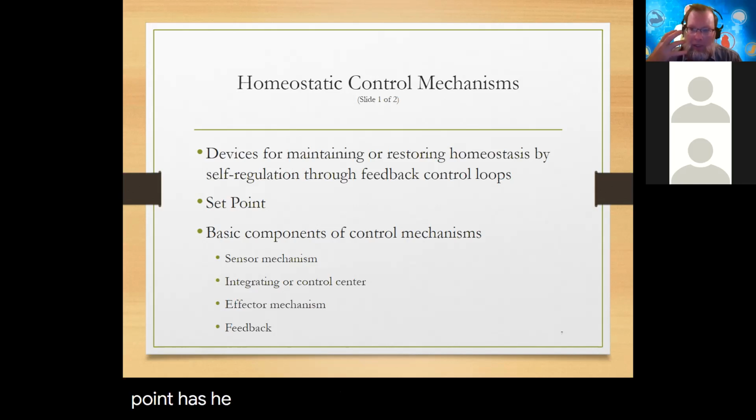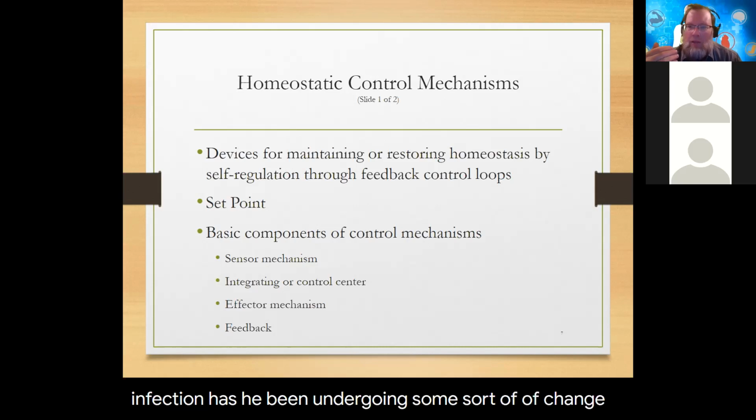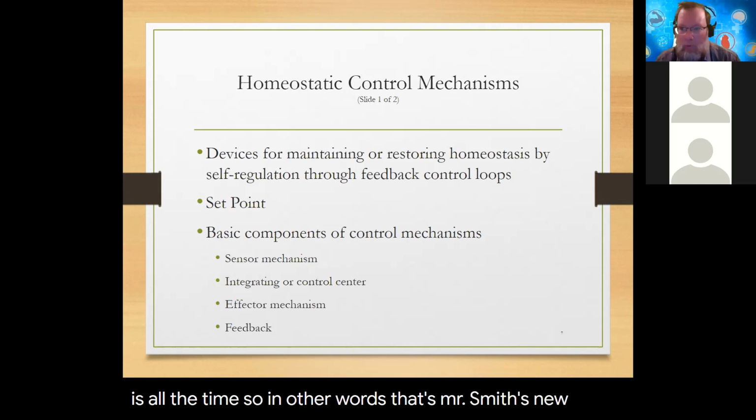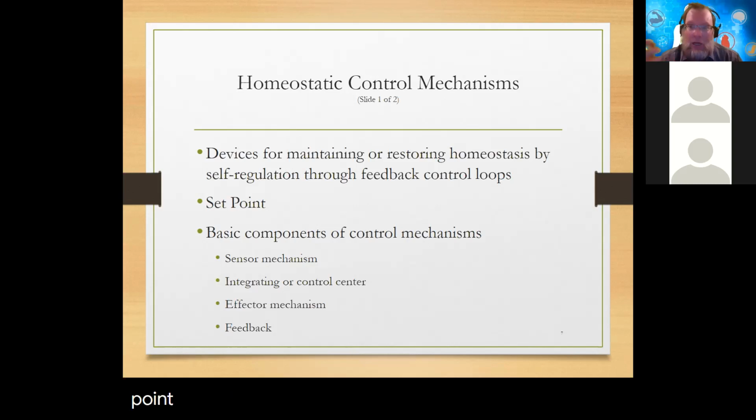Has he been in a situation, whatever it might be, stress or pain or some sort of disease or disorder or pathogenic infection, has he been undergoing some sort of change that his blood pressure is at 140 over 90, but that's where it is all the time? So in other words, that's Mr. Smith's new set point.